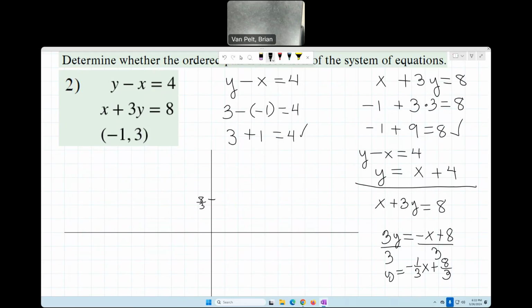That means you go down 1, over 3. We connect those with a line.